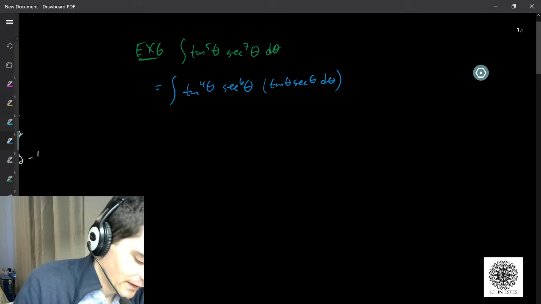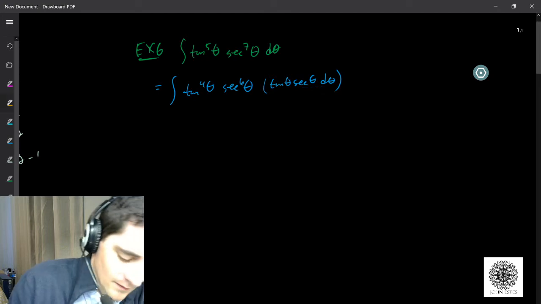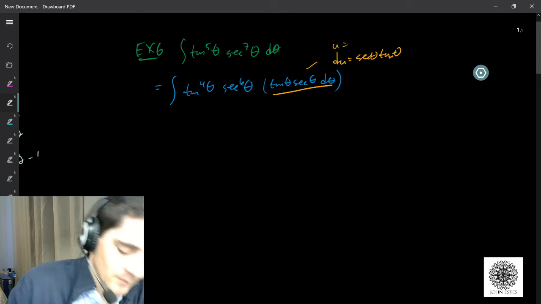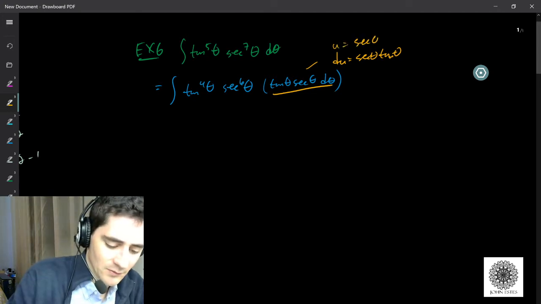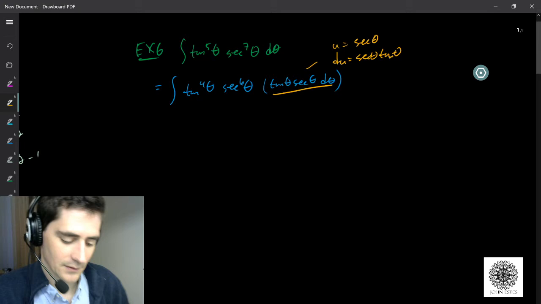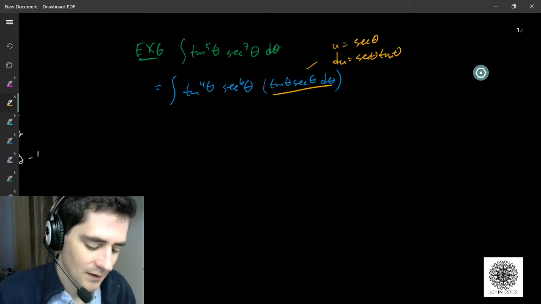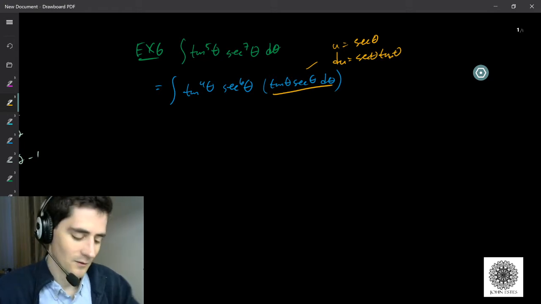Now the reason I did that is because I can recognize that this secant tangent over here at the end is going to be my du. Du is secant theta tan theta. And what kind of function would that come from? Well, the derivative of secant, remember, is secant tangent. Okay, so I'm going to let u be secant, which means I need to replace my tangents in terms of secants. I can do that though, right?